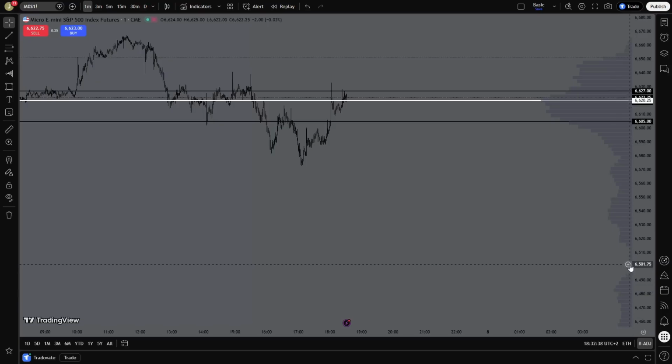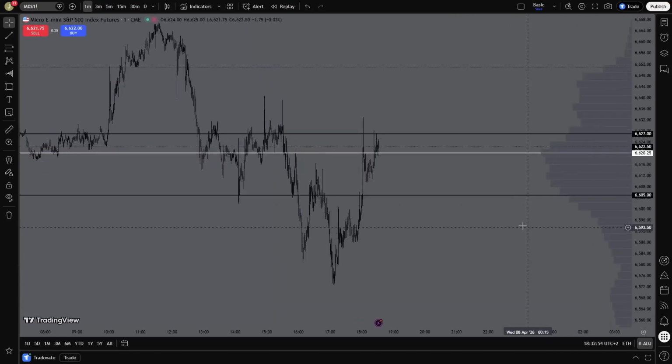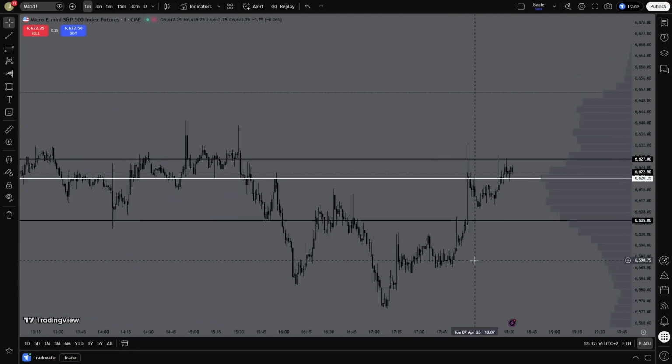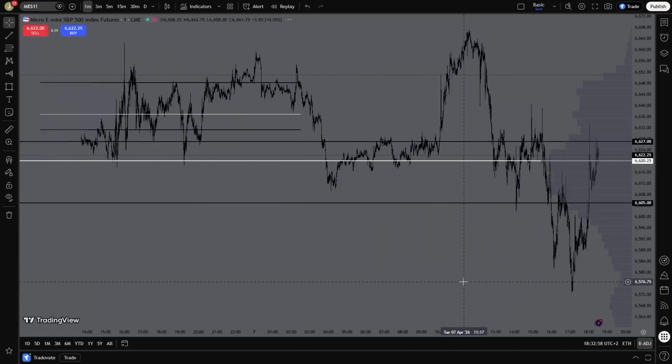But I would set my partials at this low volume node because I know it is a probable place for us to reverse. We either reverse or go through it fast. So I would enter here, target this, and set my partials here in case we reverse. Alright? So that is another way how I use my volume profiles.